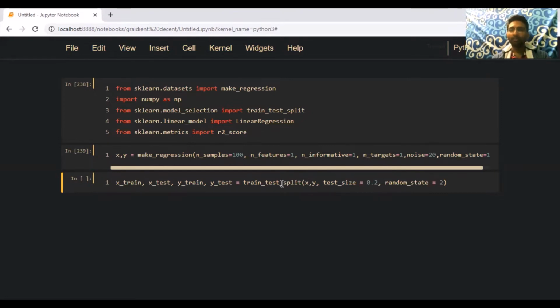If I take test size 0.2, it means 20% of my data will go to the test set and the other 80% will go into my training phase. You can do vice versa as well. Okay, so our splitting part is done.